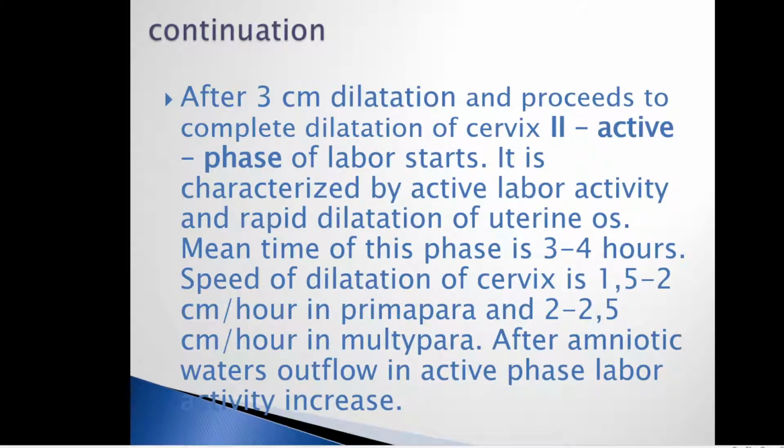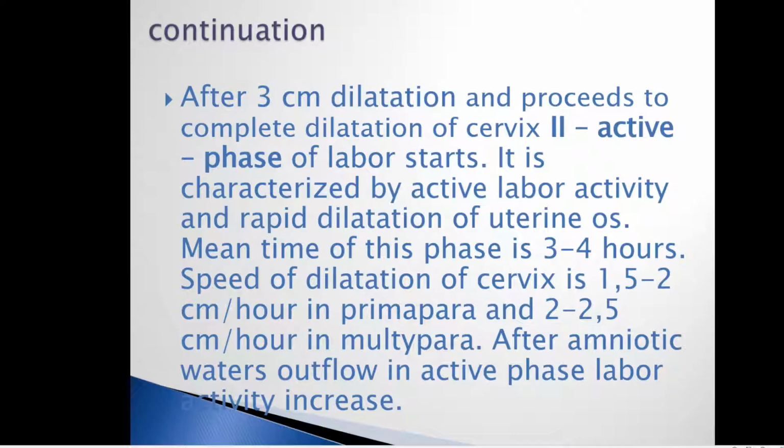After 3 centimeter dilatation and proceeding to complete dilatation of cervix, second or active phase of labor starts. It is characterized by active labor activity and rapid dilatation of uterine os. Mean time of this phase is 3-4 hours, sometimes more.